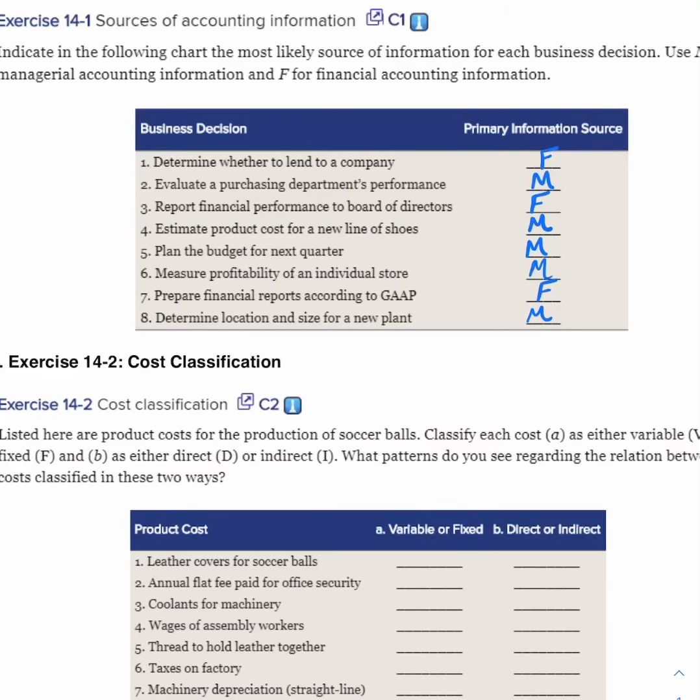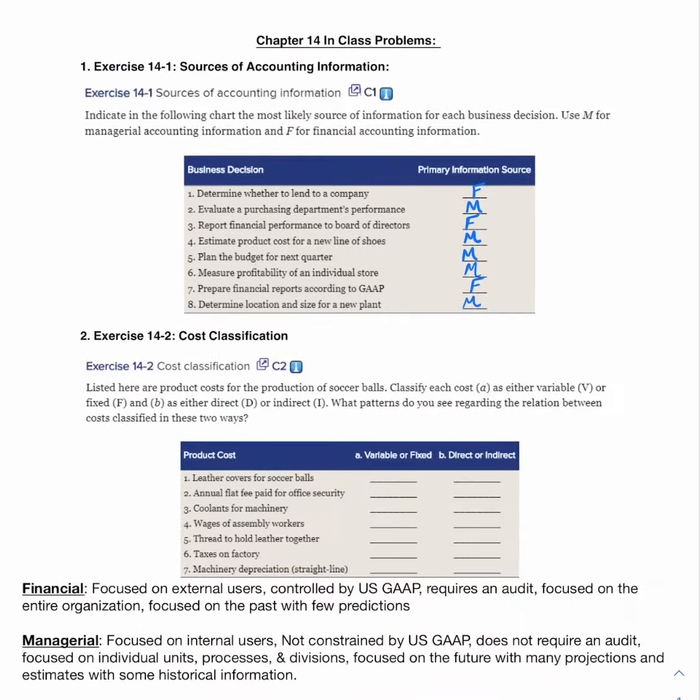But if not, we'll go ahead and zoom out just a little bit and talk about the generalized differences in the two types of accounting that we've seen so far in the last course and in this course. Typically, financial accounting is based on a focus of providing information to external users.